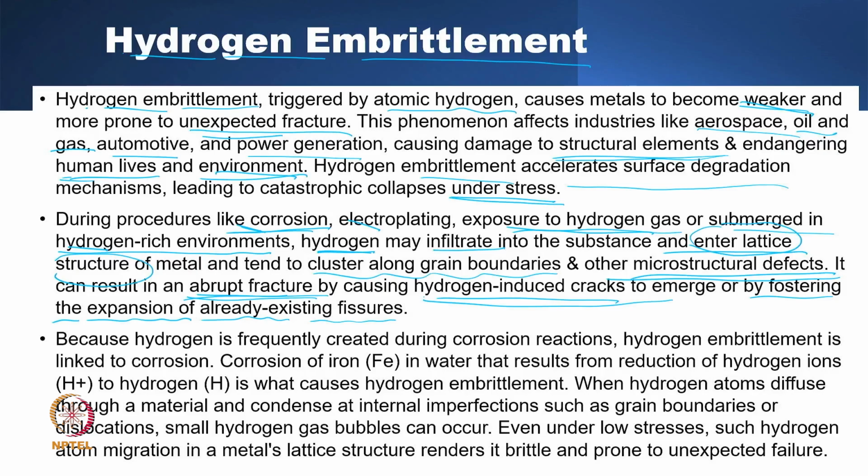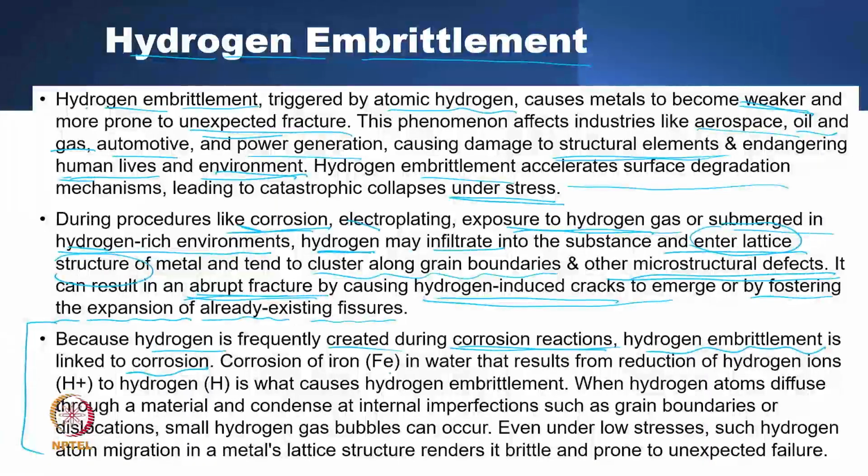So, that is why it has become very important, and this portion has been written to give the exposure again, because hydrogen is frequently created during the corrosion reaction. That is why many times people believe that hydrogen embrittlement itself is a part of corrosion. Again, in my view, corrosion is not as fast as hydrogen embrittlement.